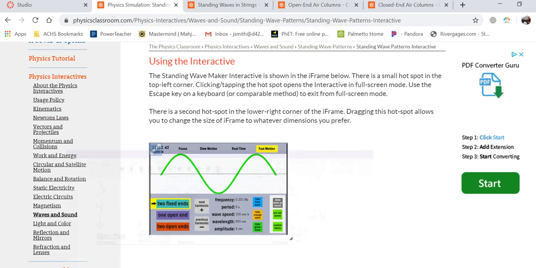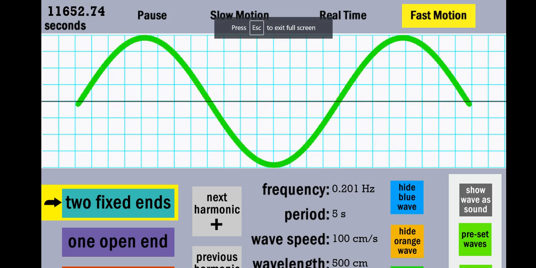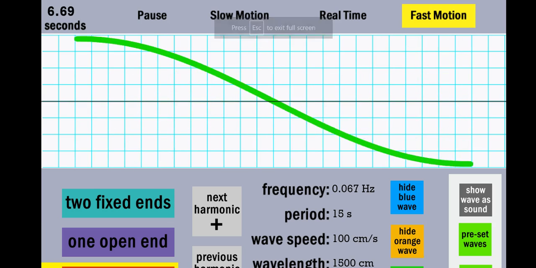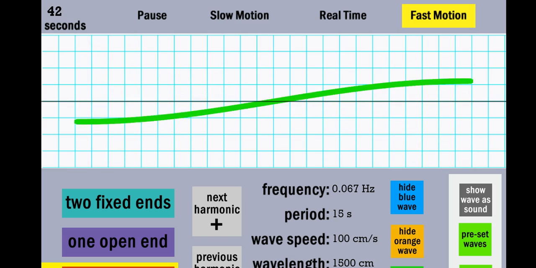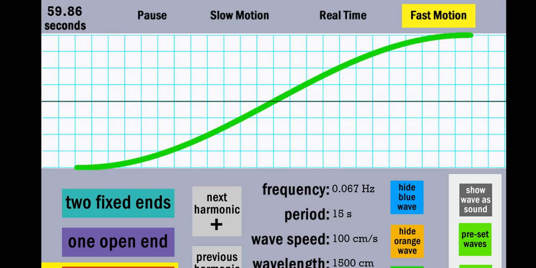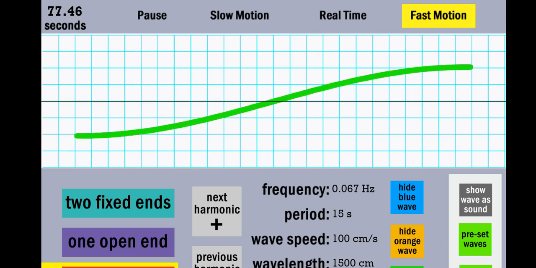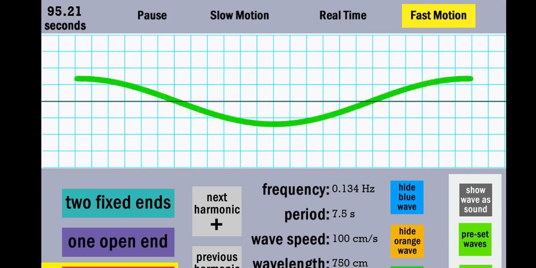So now let's go to our simulation and look at open at 2 ends. This is our first harmonic. It is open at both ends. It's got an antinode at each end. It's got a node in the middle. The next one looks like this.